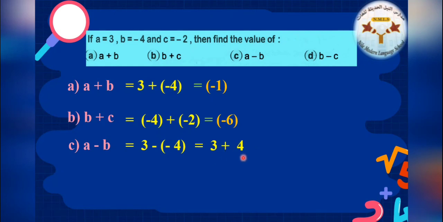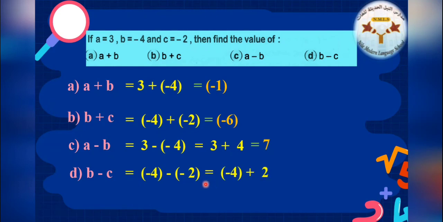Number d, b minus c. b equals negative 4 minus negative 2. Change the minus into plus and change the sign of the second number. Negative 4 plus 2. Different signs, find the difference. 4 minus 2 equals 2. Keep the greater sign, which is negative 2.